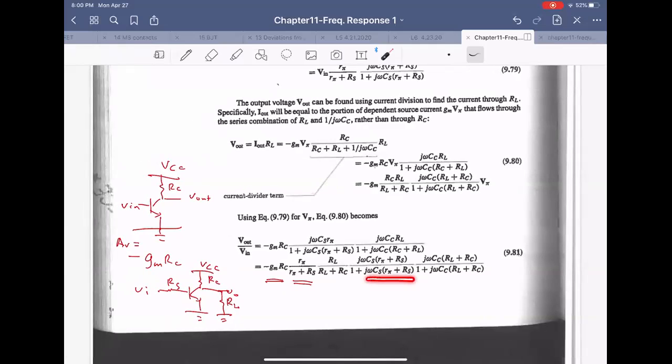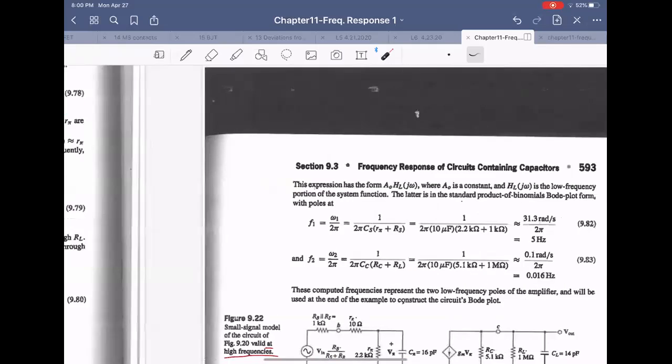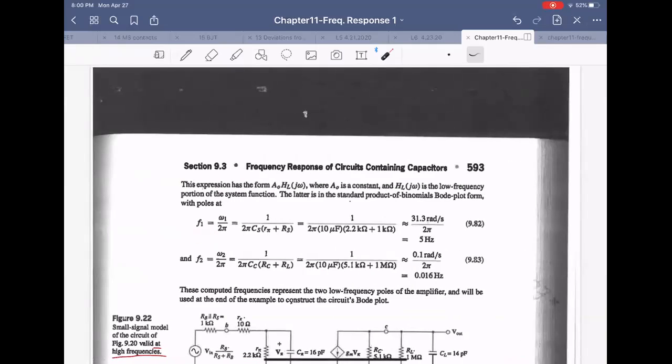So this should be 1, and this should be 1 like that. Okay, so F1 is this one.